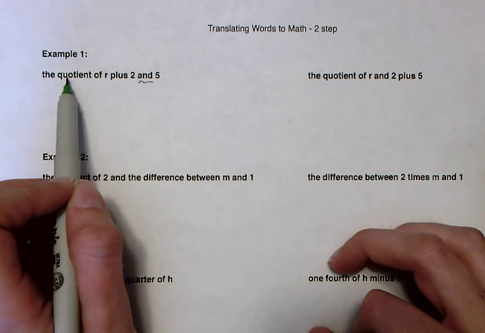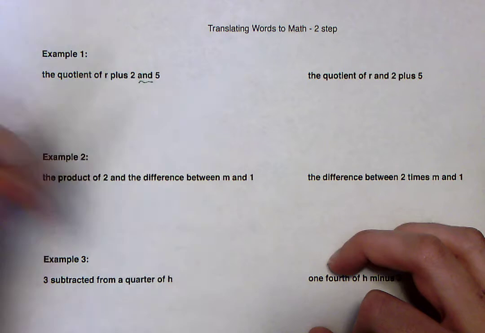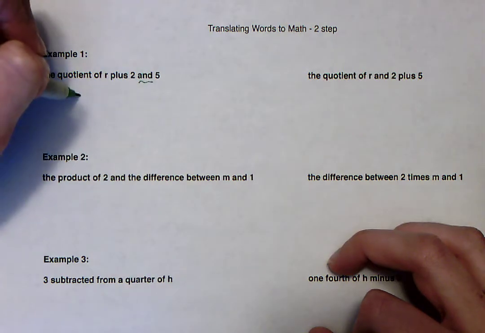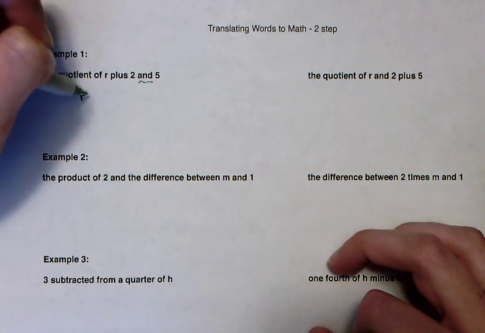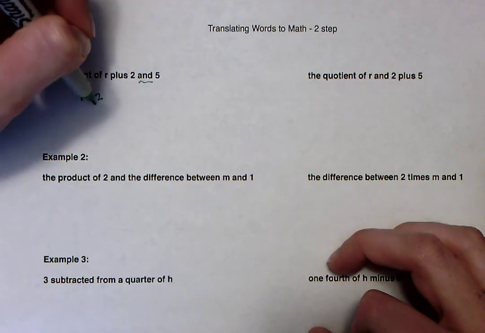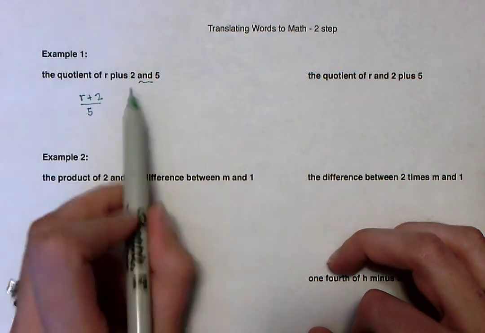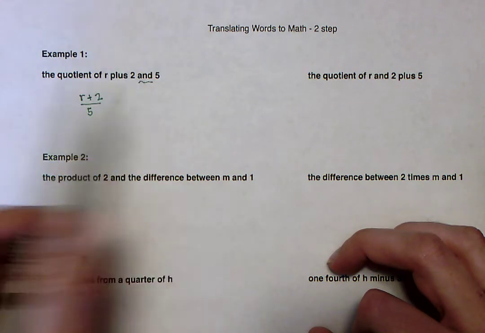So it's telling you to divide r plus 2 and 5. So on this one, we're going to show a fraction, and we're going to do r plus 2 on the top, and the bottom is 5. So notice where the and is on that one.